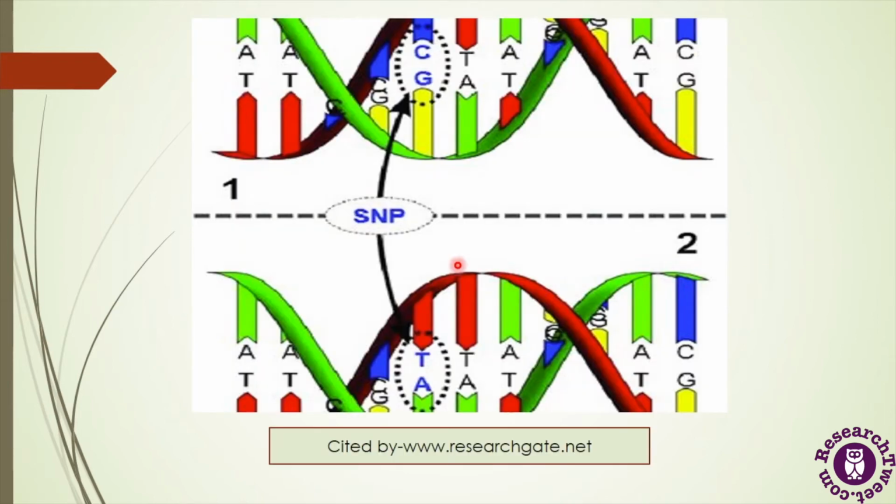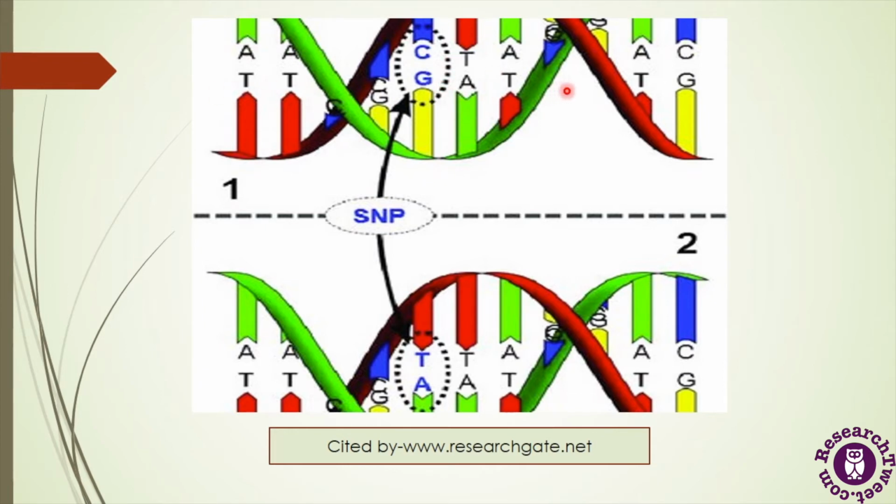Let's understand this concept with the help of this diagram. Here we can see two different alleles for organisms of a single species. In the first diagram, we can see the structure of double helical DNA consisting of nucleotides with nitrogenous base pairs: cytosine, guanine, thymine and adenine. We know that cytosine always pairs with guanine and thymine pairs with adenine.